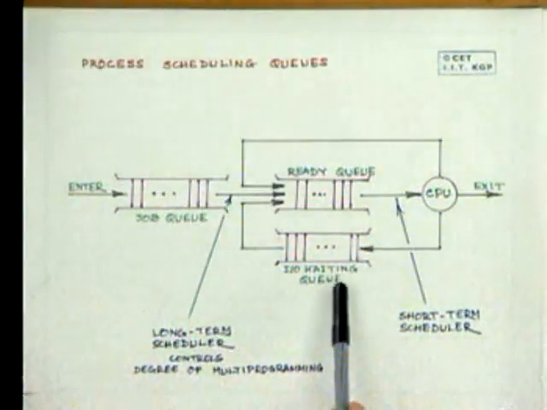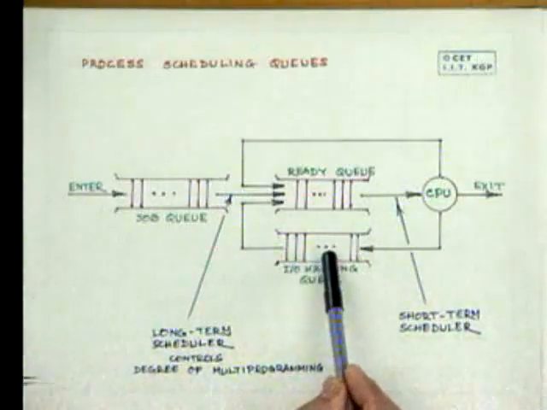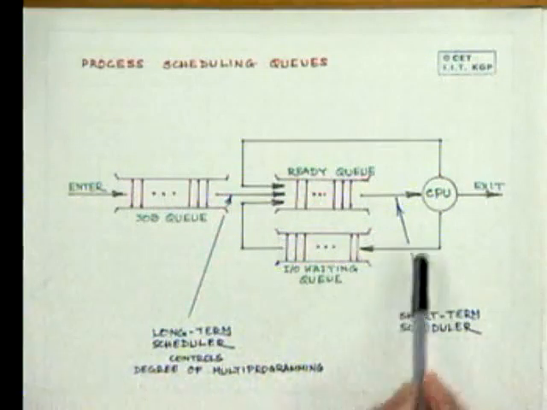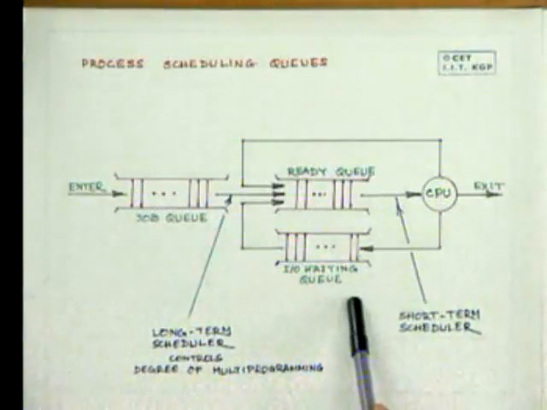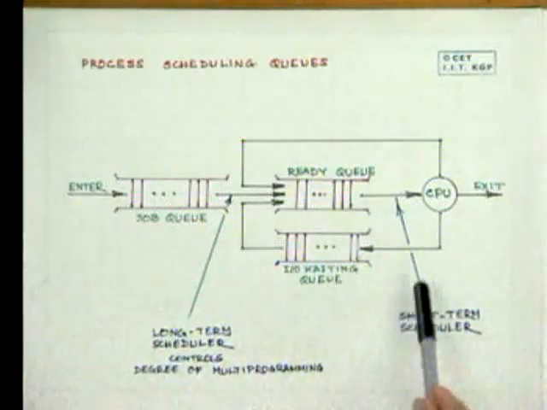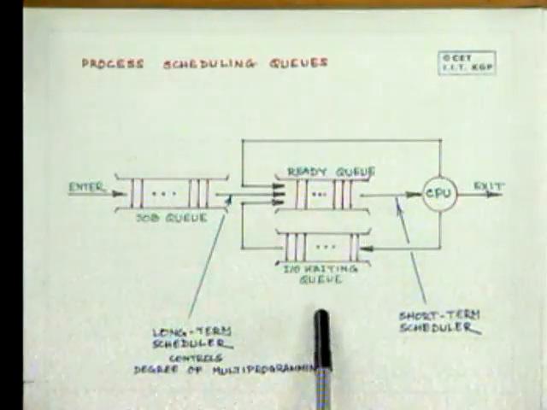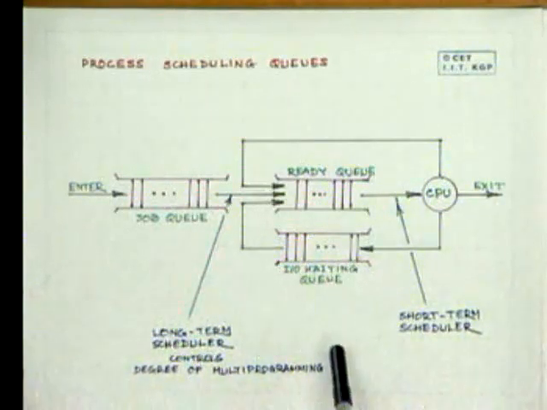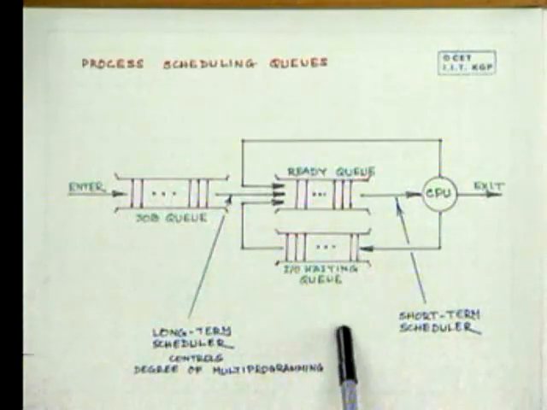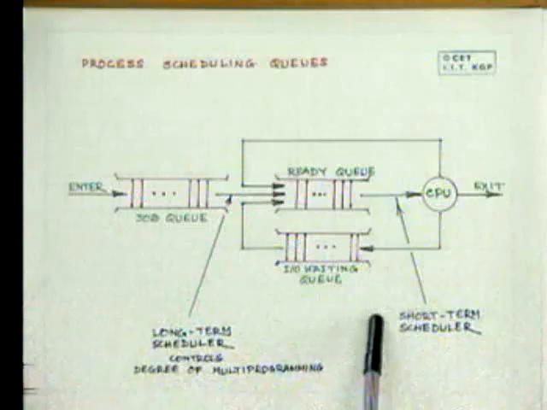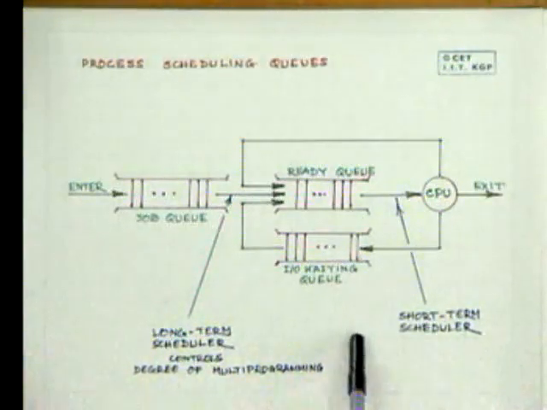As I said, there will generally be more than one I/O waiting queue. The operating system will put the process into the waiting queue corresponding to the cause of the waiting, which may be devices or other reasons. Depending upon the cause, a particular process will be put into the corresponding waiting queue.